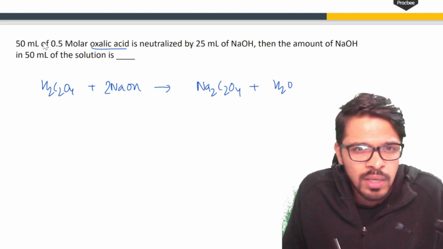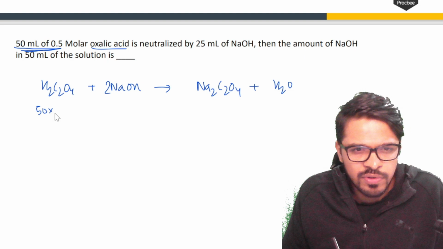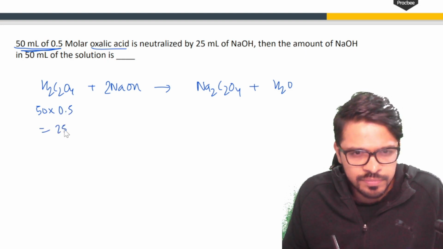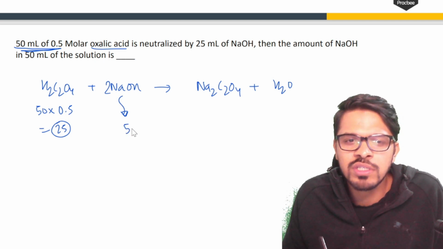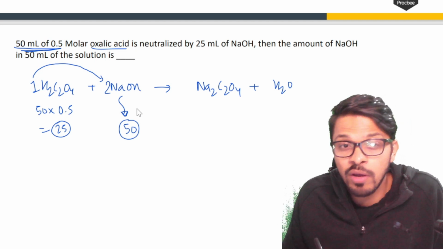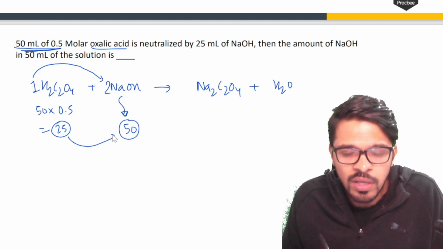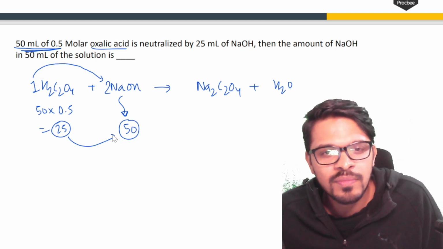If I see the millimoles, this is 50 into 0.5, which is 25. The millimoles of NaOH required are double of that, because for 1 mole we need 2 moles of NaOH. For 25 millimoles we'll have 50 millimoles of NaOH.